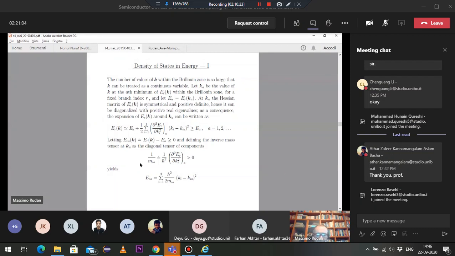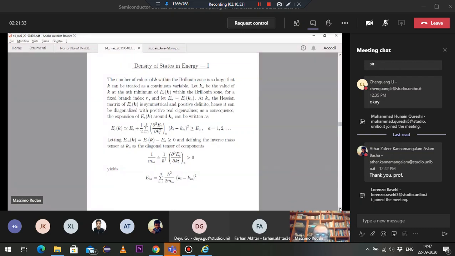Why is this mass important? Because it can be demonstrated. We don't have time to do it, but it can be demonstrated that the inertia of the electron, when the electron is subjected to external weak perturbations, is given by this mass, not by the mass of the free electron.